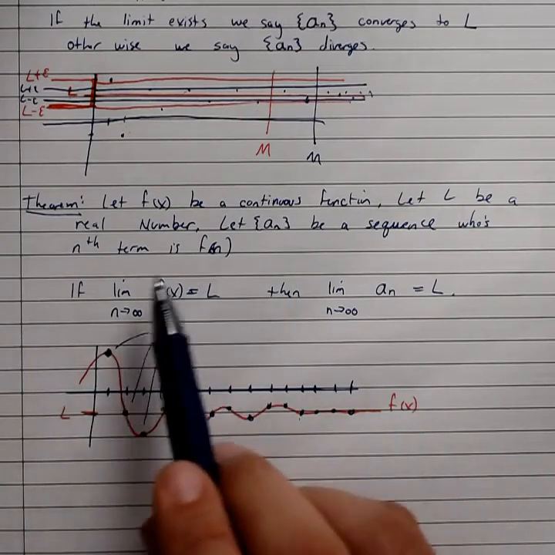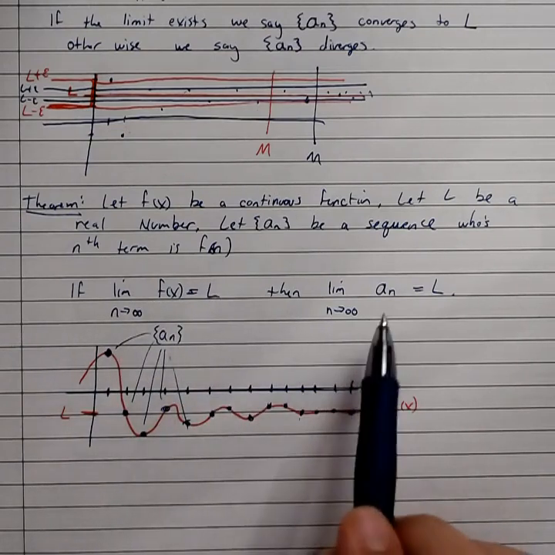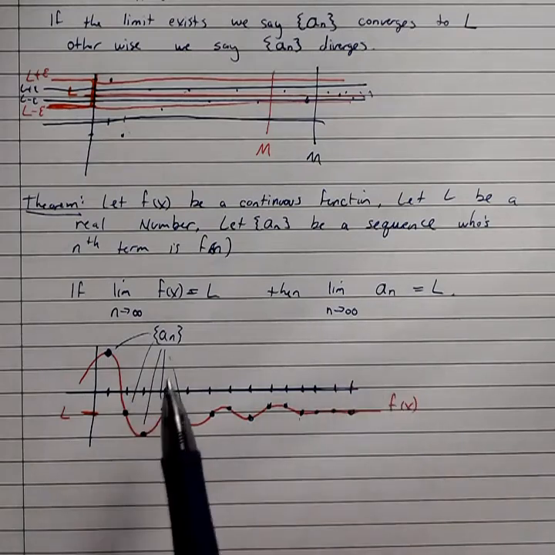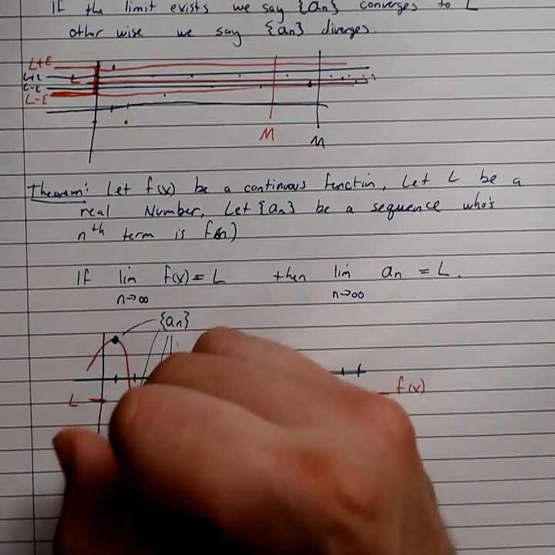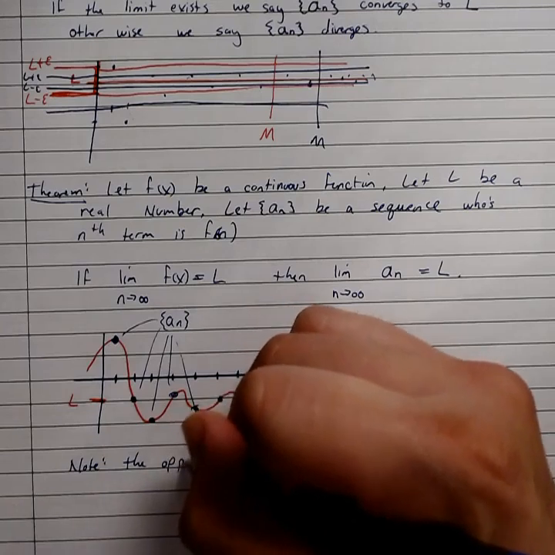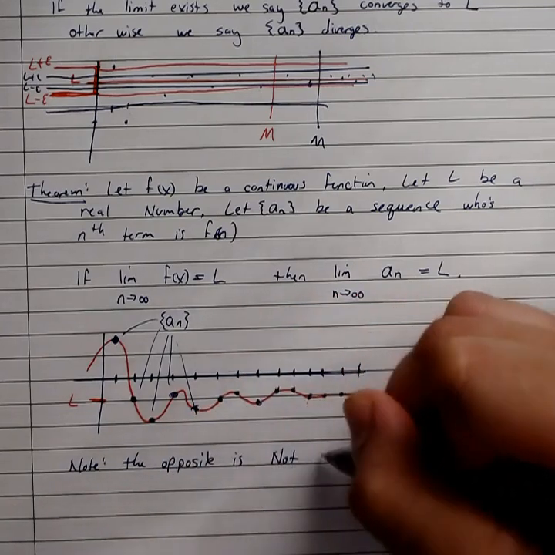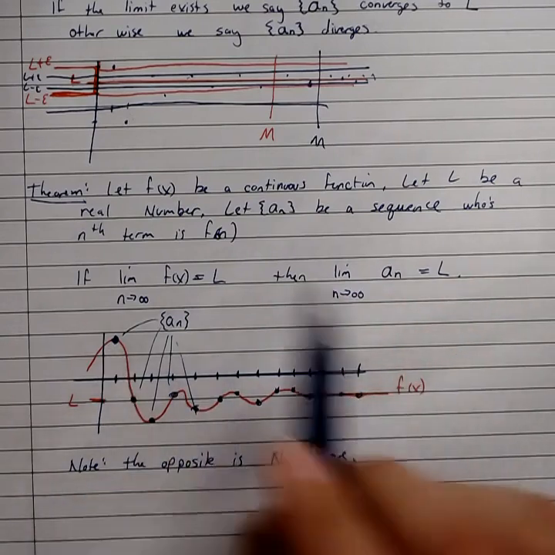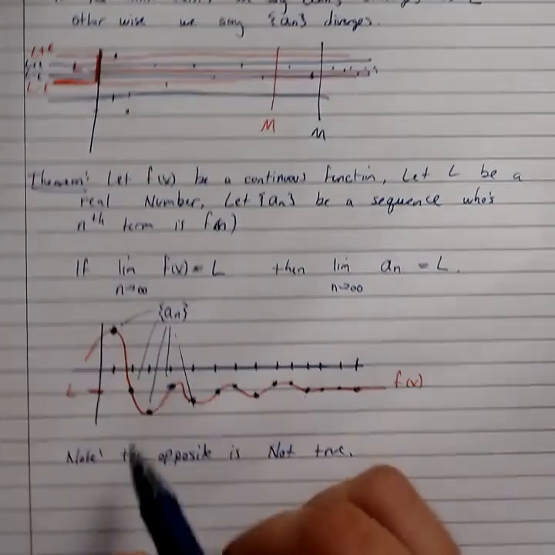If the curve converges to L, if the function converges to L, then the set of terms also has no choice but to converge to L. Note that the opposite is not true. If you have this converging to L, that doesn't say anything about this one.